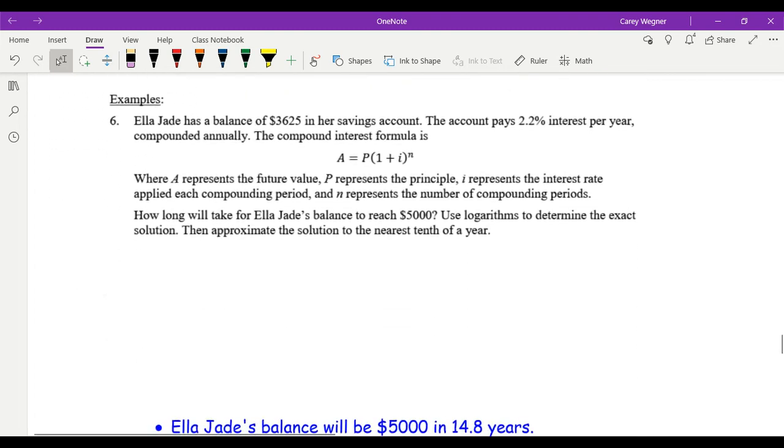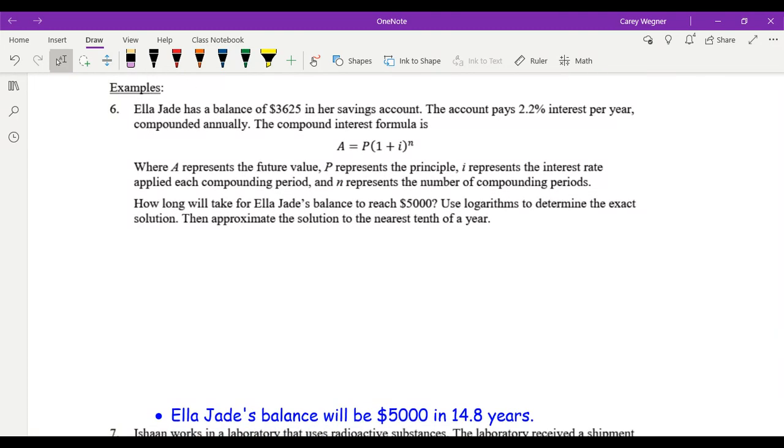As we look at this example, we looked at questions like this in chapter 6, so let's just do a bit of review as we get into this question. First, reading the question, Ella Jade has a balance of $3,625 in her savings account. Well, before I go any further, looking at that formula, we have an A value, remember that's a future amount.